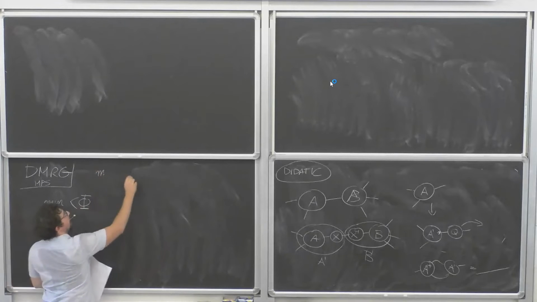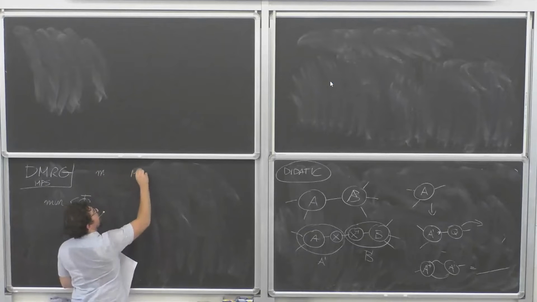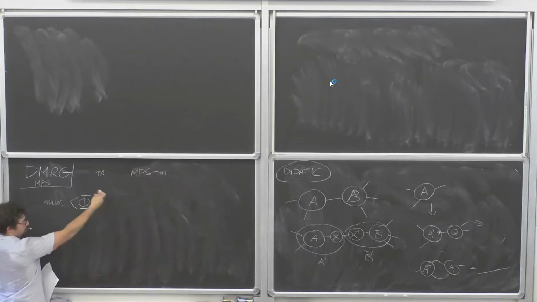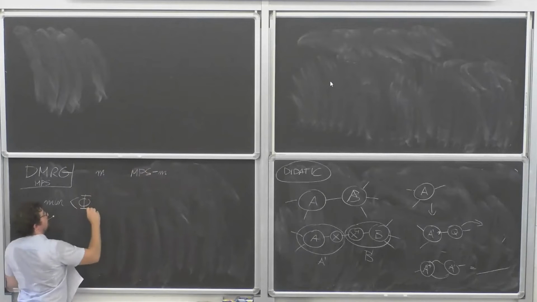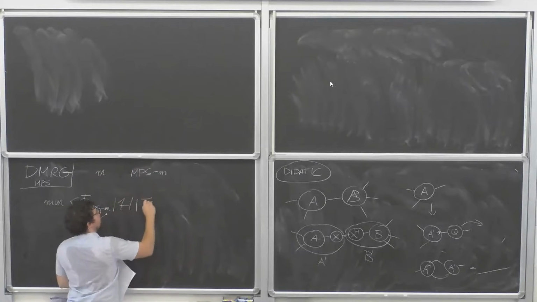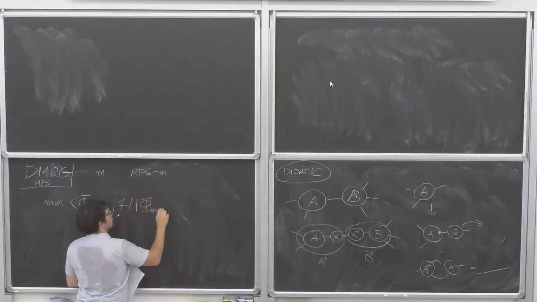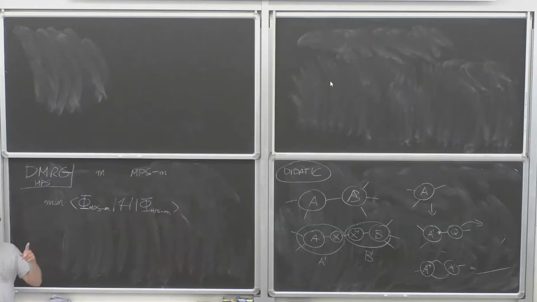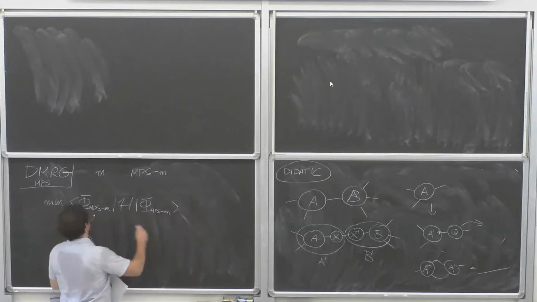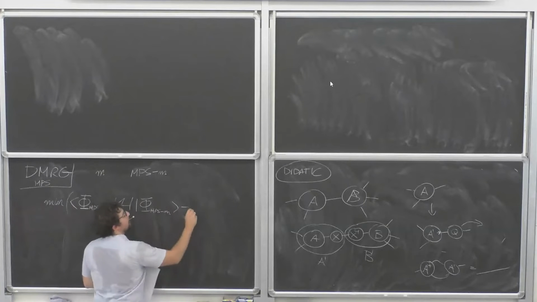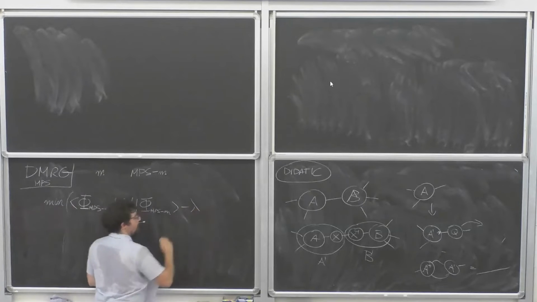And I have the variational manifold of MPS with bond dimension M. And I want to do the minimum over all possible matrix product states of bond dimension M, of phi MPS, the Hamiltonian, and phi MPS. And is this sufficient? Well, actually, I also want to be precise, right? So to be completely clean, I should add a Lagrange multiplier and the normalization.